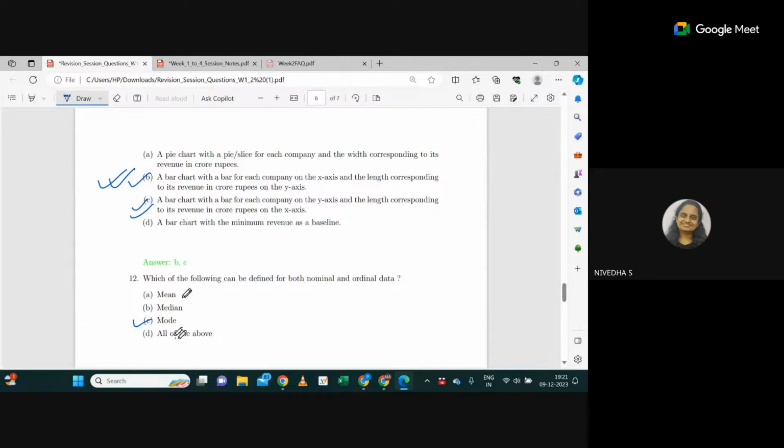Median requires ordering of the data, right? And not everything is ordered. Only ordinal data is in some order. Yeah. First of all, try to evaluate the options, right? Eliminate the options first. Mean I can't use, because nominal and ordinal data are categorical kinds of things, and for categorical data we can't perform any mathematical operation.